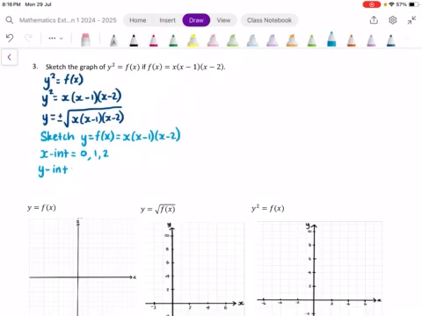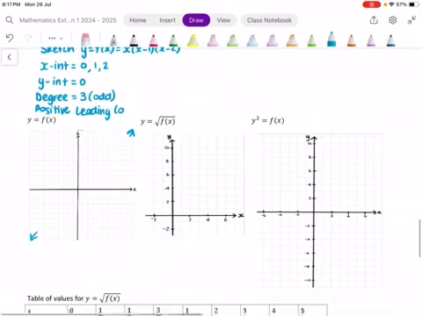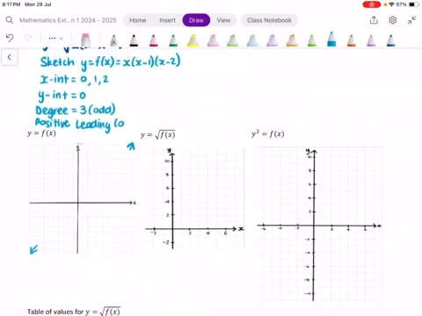Our y-intercept is 0, and our degree is 3, which means it's an odd function, and we have a positive leading coefficient, meaning that we will start down the bottom left and end up the top right for this function.